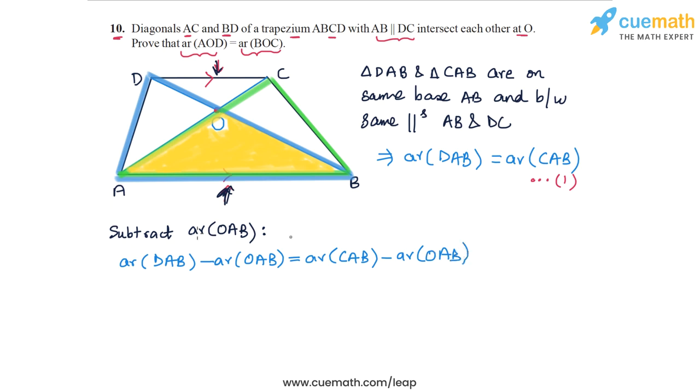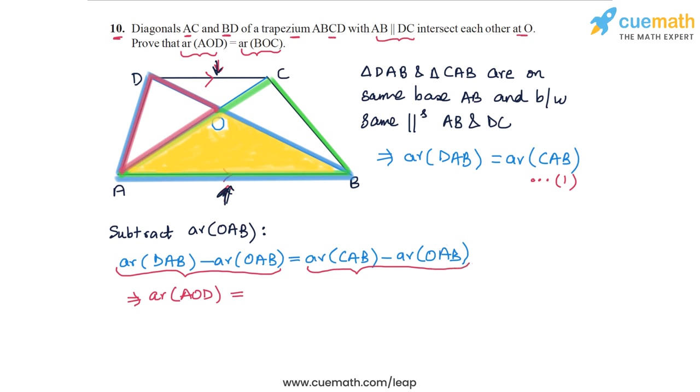Okay, now what is the area of DAB minus OAB? Observe the figure carefully. DAB minus OAB will give you the area of AOD. So on the left side you will have area of AOD, and on the right side you have area of CAB minus OAB.